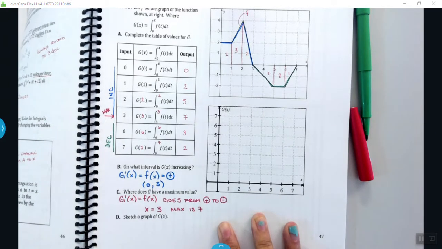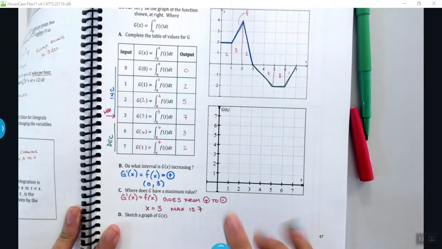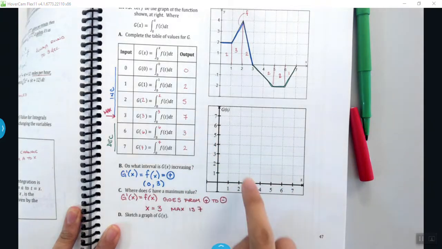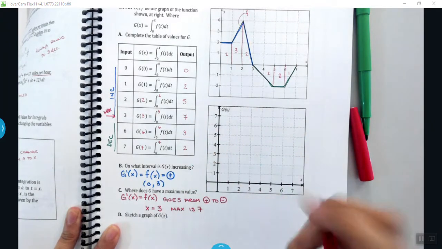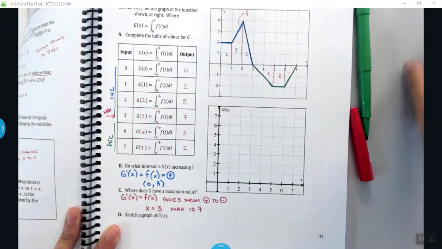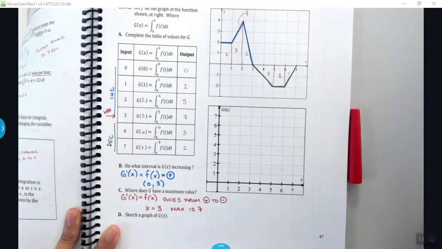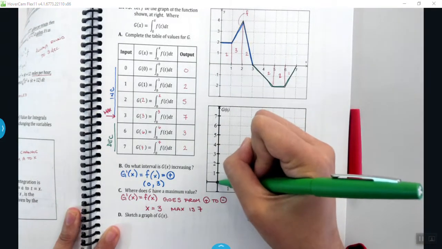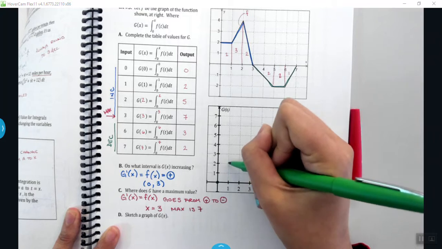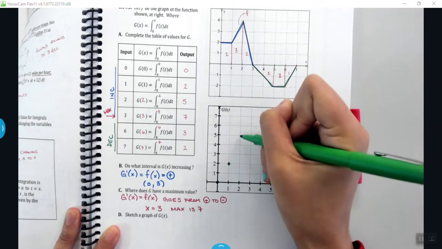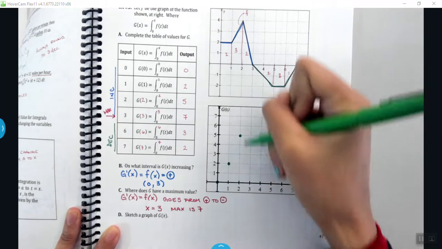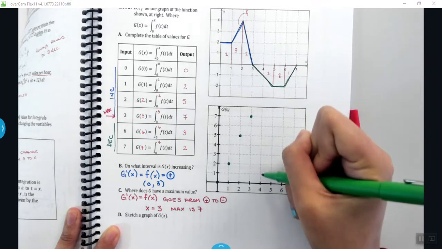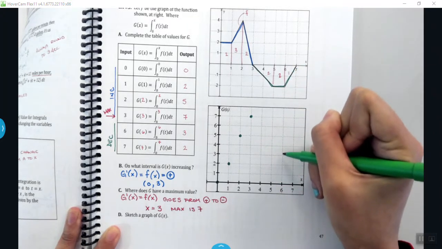Okay. Now if we sketch a graph and I plot these points on this graph right here of g of x, here's another connection that you should make. So we're at 0, 0, 1, 2, 2, 5, 3, 7, 6, 3.